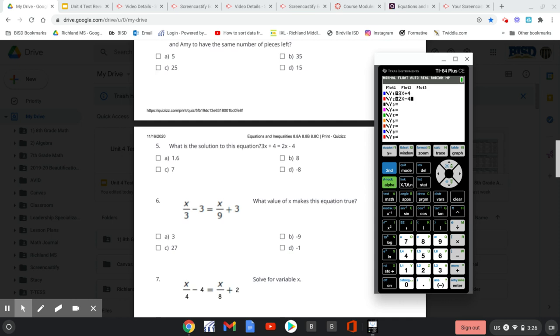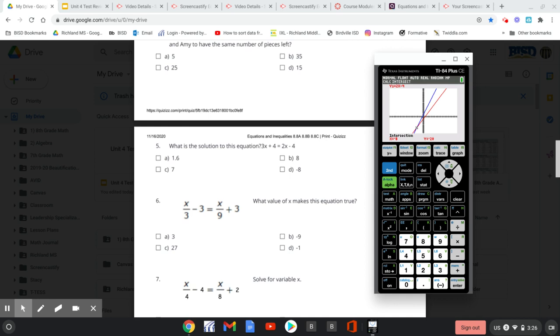Delete that. And now we're going to hit second trace 5, and there's our answer. So we're going to hit enter, enter, enter. And our intersection is, looks like -8. So number 5 is -8.